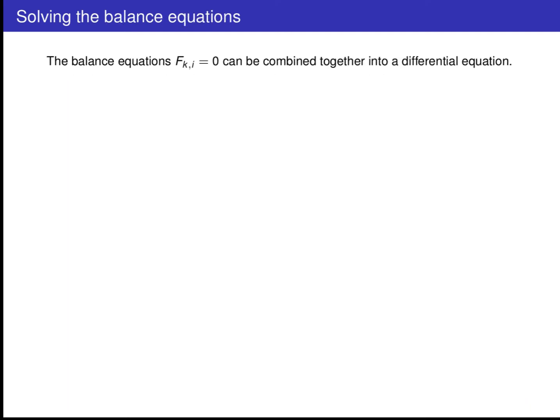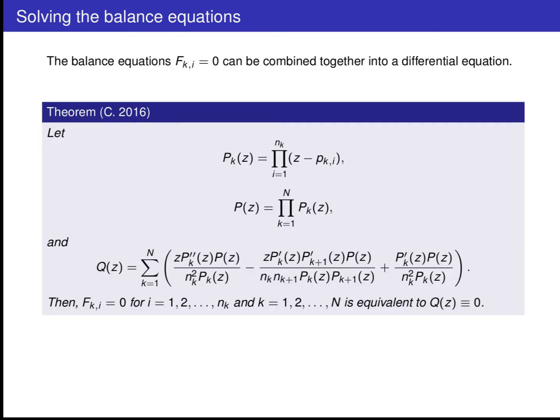So, solving the balance equations. The balance equations, the f_ki equal to 0, can be combined together nicely into a differential equation. This result is a theorem from 2016. We'll let p_k(z) be equal to the product i equals 1 to n_k of (z minus p_ki). So basically it's a polynomial with the roots being the nodes at the kth level.